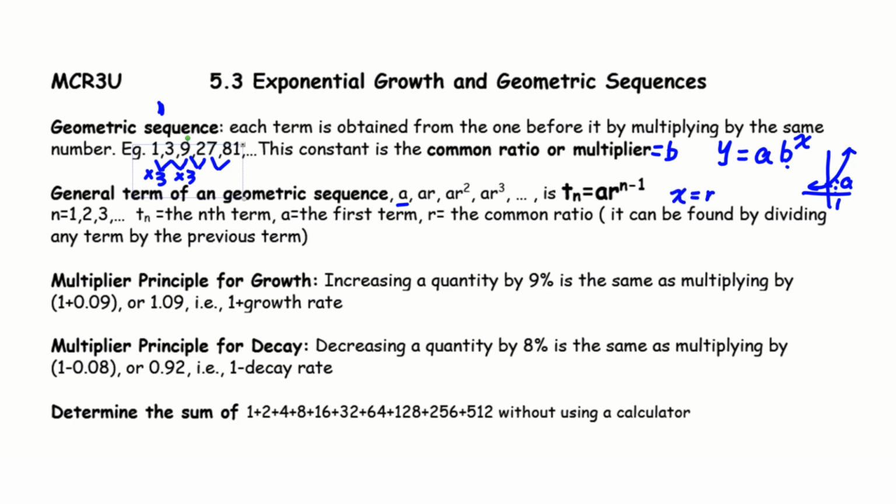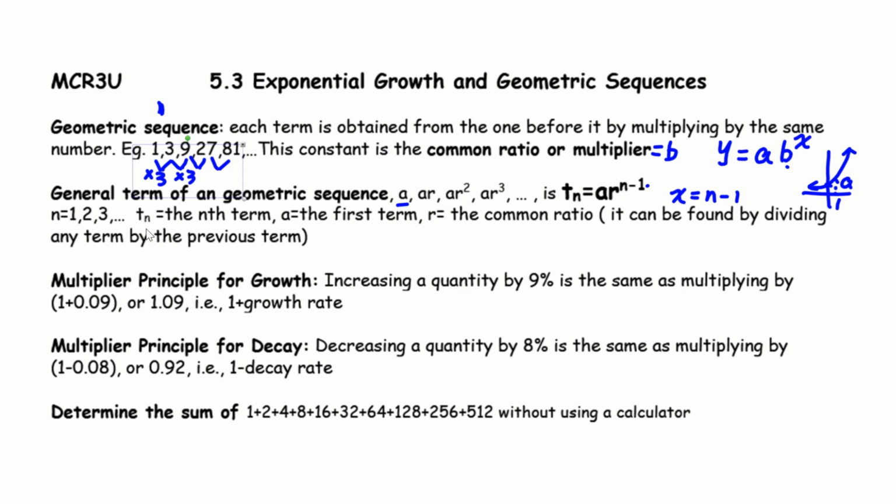So n equals 1 corresponds to x equals 0 in our exponential function, the initial term.